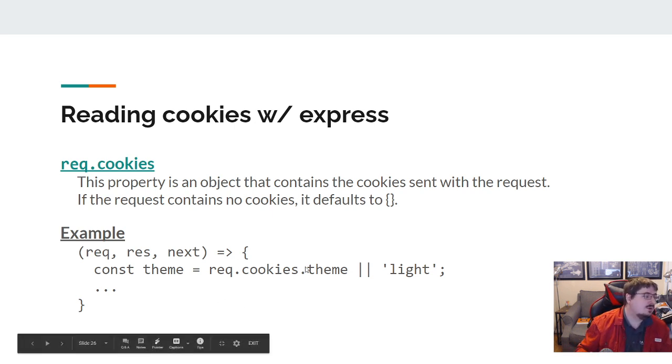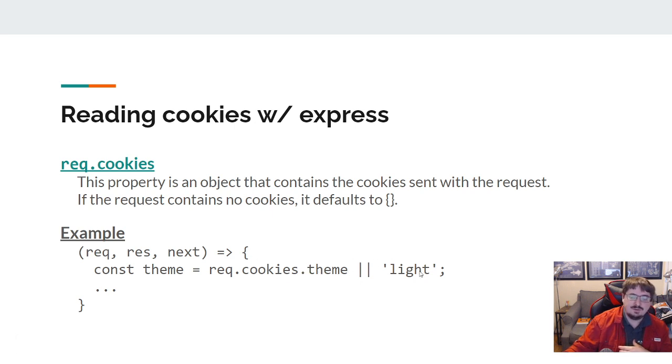And oftentimes when I'm reading a cookie, I need to have a fallback. So I might say, well, if you don't have that cookie, then we'll default it to light. We'll use light instead, if you haven't set your preferred theme. Similarly, if I was using a user ID, I might say, well, if there's no user ID cookie, I might set this to null as my default value. So if there are no cookies, it's worth noting that this object defaults to just an empty object, just curly braces.